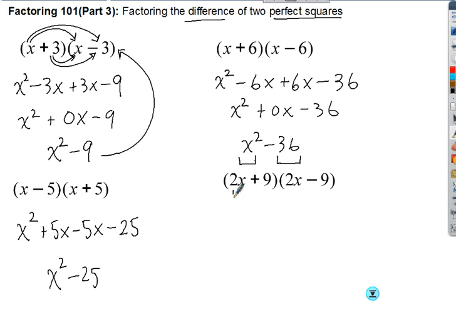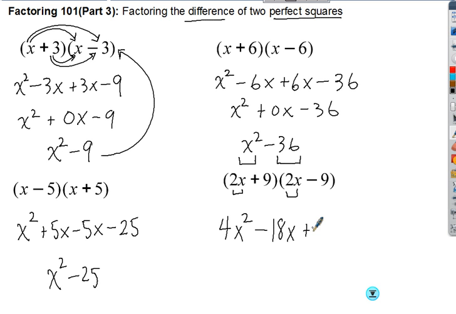Here, if you notice there's a coefficient in front of the x. Doesn't matter, it's still going to give you a perfect square because this is the same term as this. So 2 times 2 is 4, x times x is x squared. And now I have to distribute this 2x to the negative 9, so I'll have a negative, because a positive times a negative will give me a negative. 2 times 9 is 18 times x, 18x.